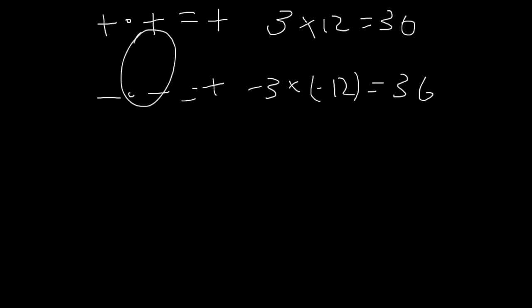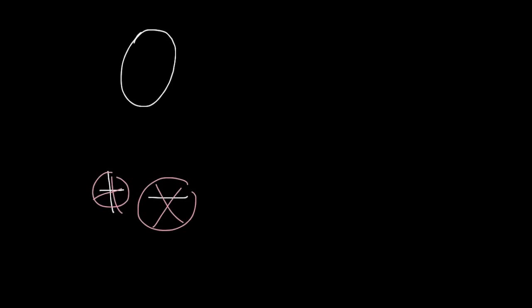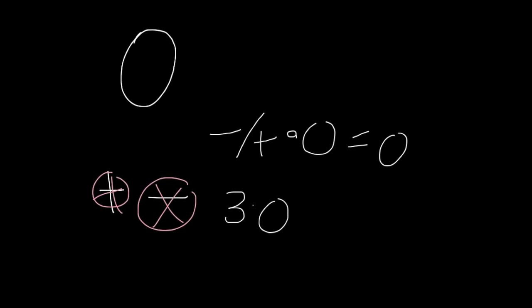Now, 0 is a special number in integers because it is neither a positive number or a negative number. If you multiply any number, whether it is positive or negative, by 0, the answer will always be 0. For example, 3 times 0 will be 0, and negative 3 times 0 will also be 0.